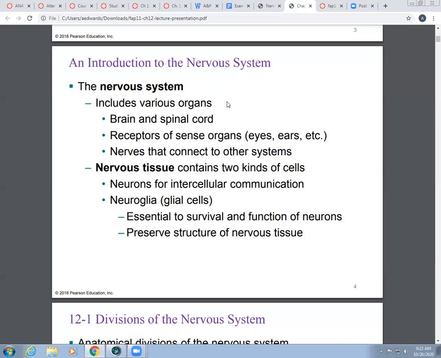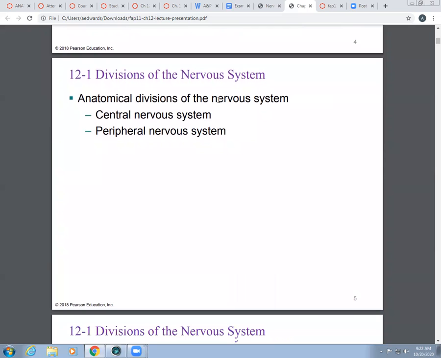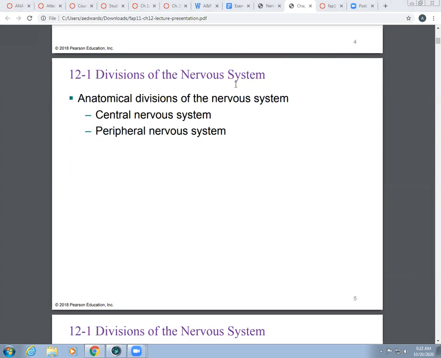These help neurons survive and function, and they help preserve the structure in your nervous tissue. We're going to separate the nervous system into two parts: the central nervous system and the peripheral nervous system.